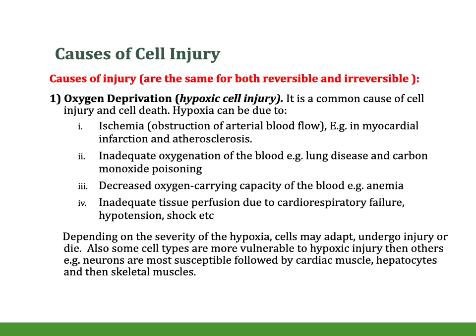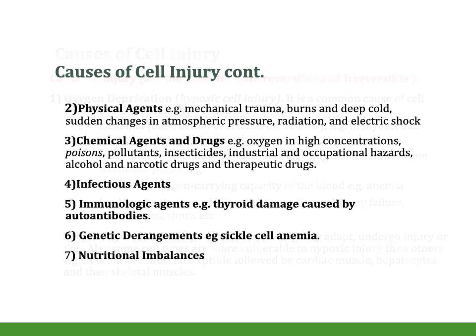You also have Hashimoto's disease, where autoimmune antibodies attack the thyroid. You also have infections that stimulate the production of autoantibodies, like, for example, certain streptococcal infections. Genetic derangements and nutritional imbalances also cause cellular injury.